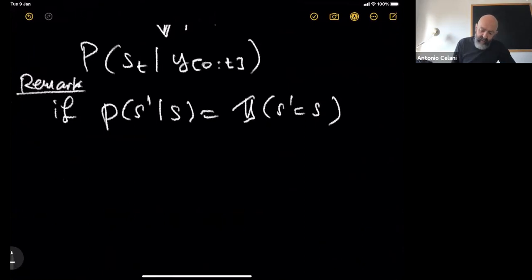So in this case, what does your formula become? Well, your formula just becomes the probability of being in the state S. Now there's just one single state, so I don't even have to put a time index because it's always the same state.